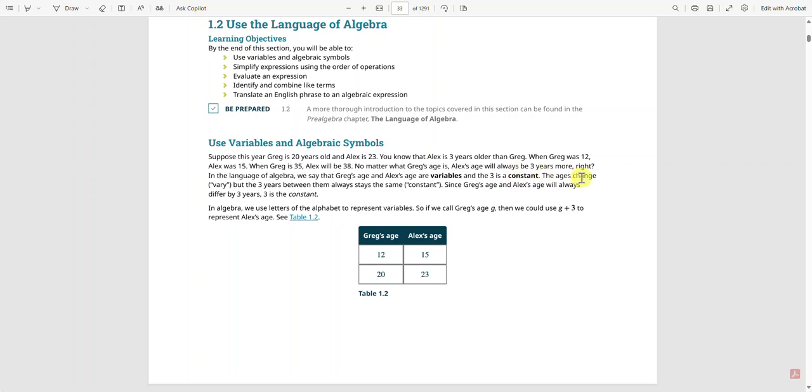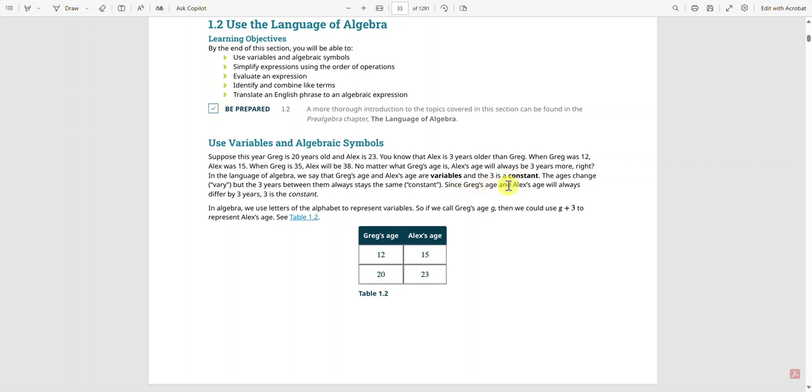The ages change or vary, but the 3 years between their ages always stays the same. That's what it means to be constant. So there's a relationship between their ages. Their ages may vary, they're variables, but the difference between them is a constant.